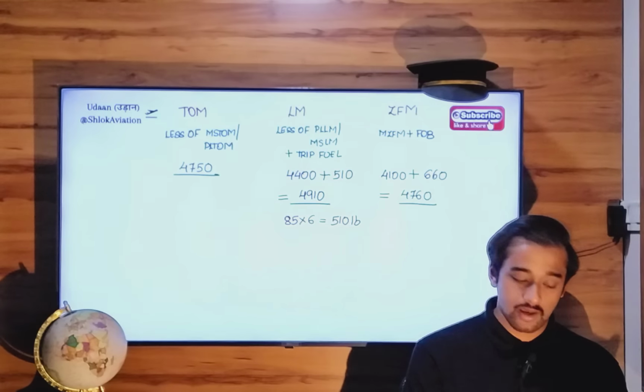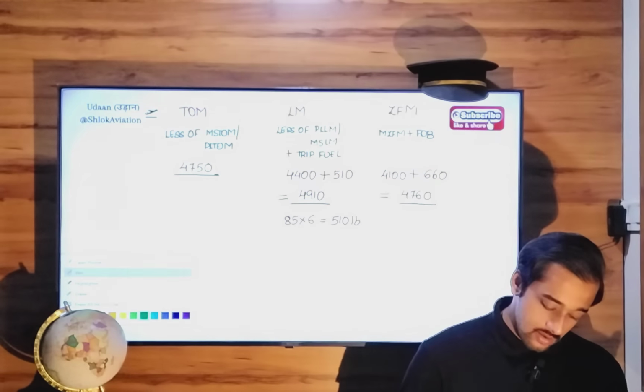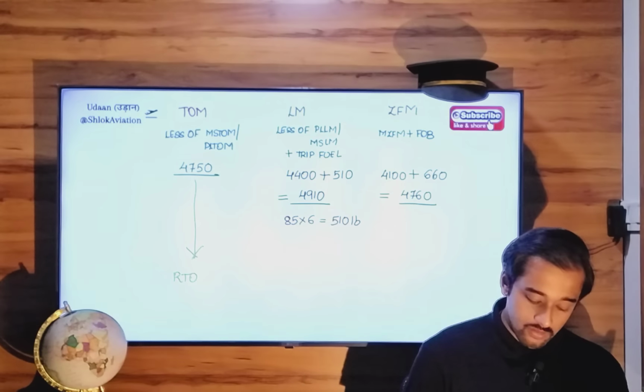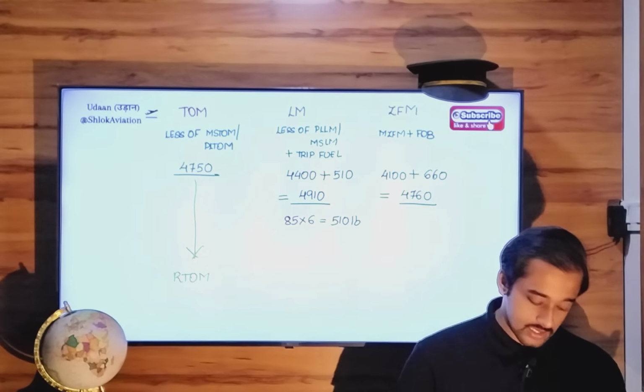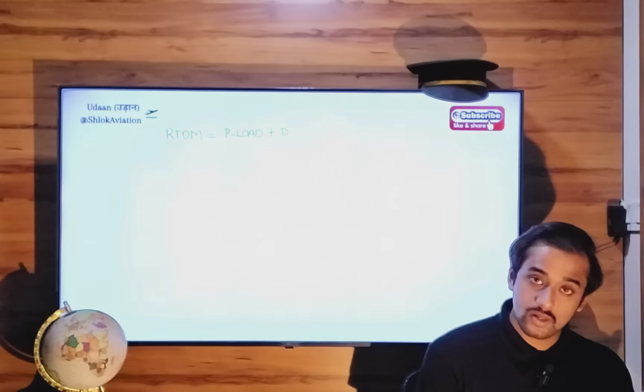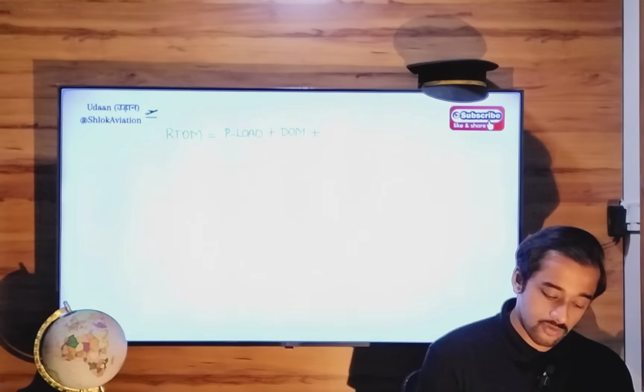The least of them all is 4750. That becomes our regulated takeoff mass. Okay, so next, regulated takeoff mass is equal to payload plus DOM plus fuel on board.